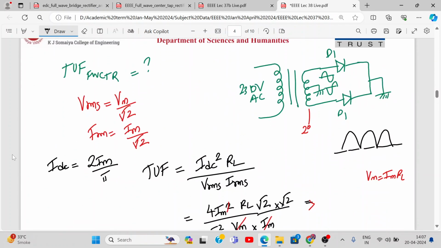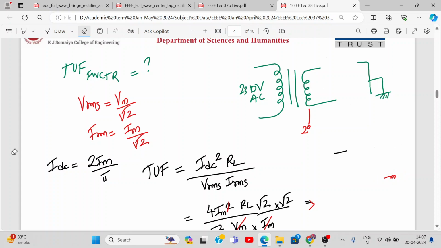It is for the bridge rectifier. Sorry, not for this. It's for the bridge rectifier where we have 4 diodes. Okay, so please correct this. Here we have 4 diodes, right? One here, one here, and you applied.